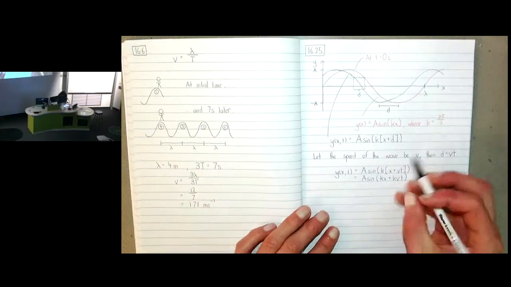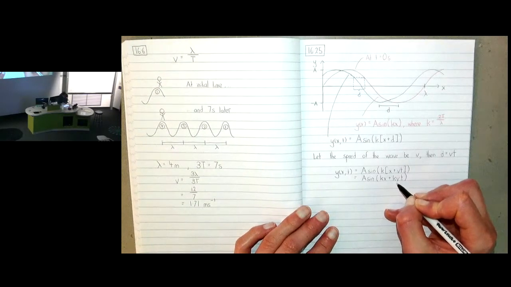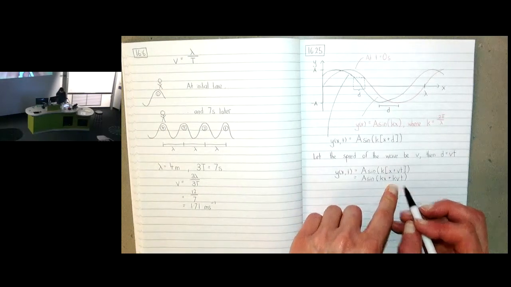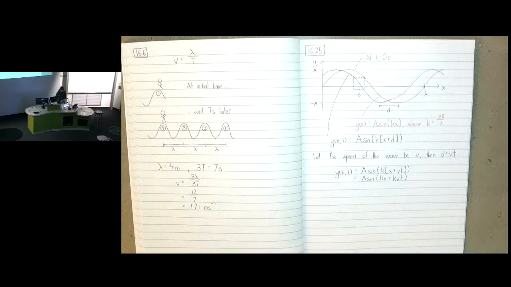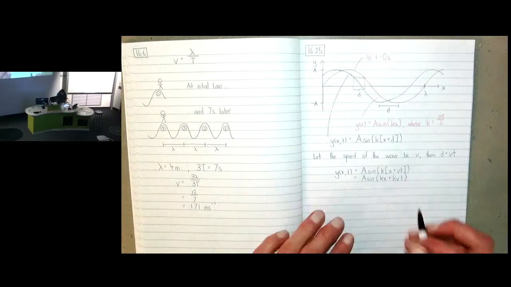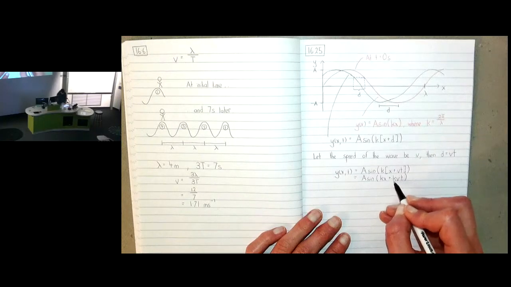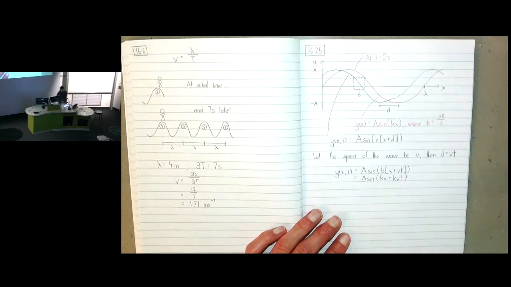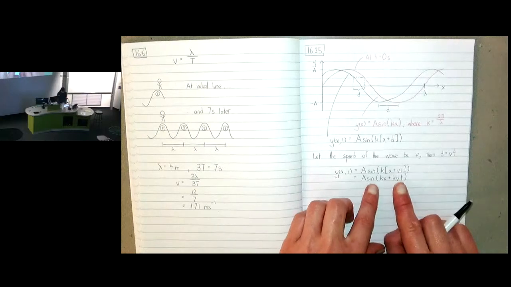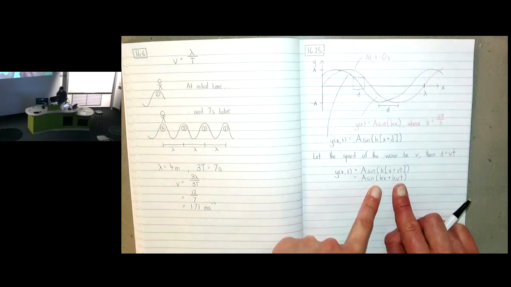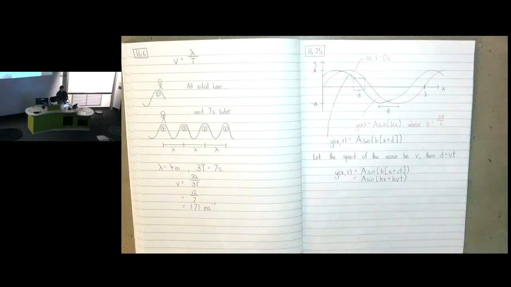Last time, in fact, we called this thing here omega, or the angular frequency, and that was equal to 2 pi times the frequency of the wave, but now we've just written it in a slightly different form. So this is in fact just equal to that omega from last time as well. So this equation is exactly the same as the equation we had for the wave travelling in the positive x direction.